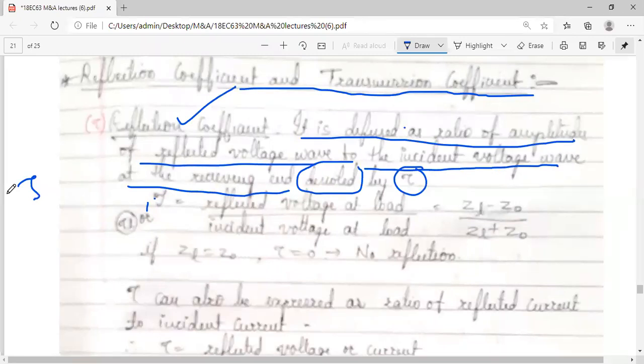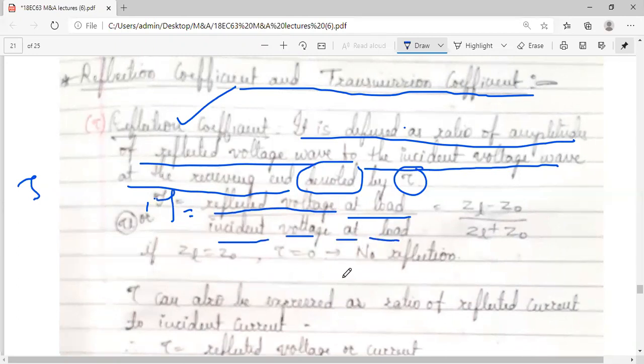How do you define it? It is the ratio of amplitudes. I'm talking about electromagnetic waves, which have both amplitude and phase. Here I am talking about the amplitude of the reflected wave to the incident wave. So in the form of an equation, tau is equal to the reflected wave at the load end divided by the incident wave at the load end.